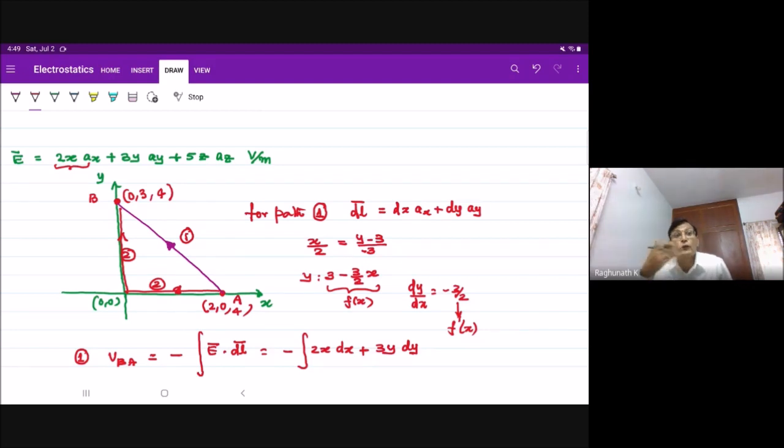But in the direction of 3y, which is increasing with y, we moved through 3 units.